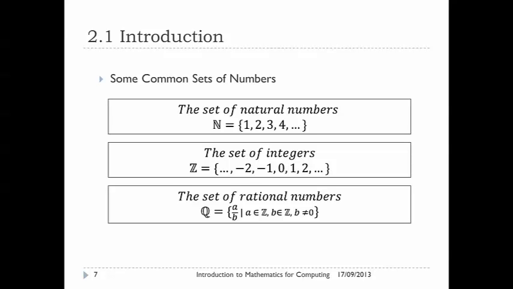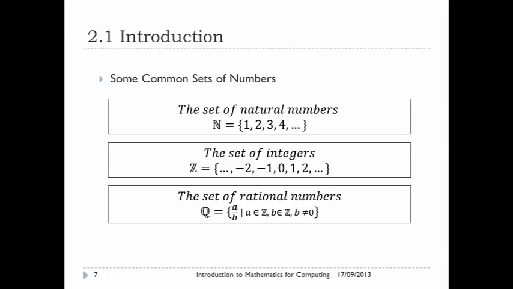However, if we take into account the operation of subtraction, and we say 2 minus 3, well, we end up with minus 1 in that case, and we see that minus 1 is not an element of the natural numbers. Okay, so we need to extend out our idea of number to the set of integers. And in this case, we have included 0 and all of the negative numbers.